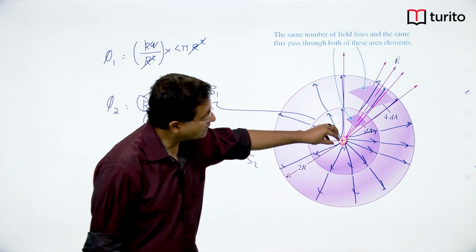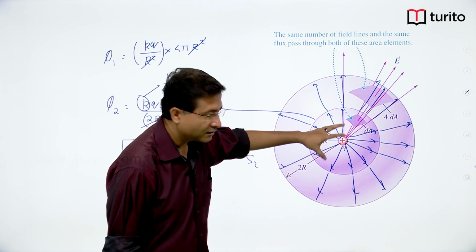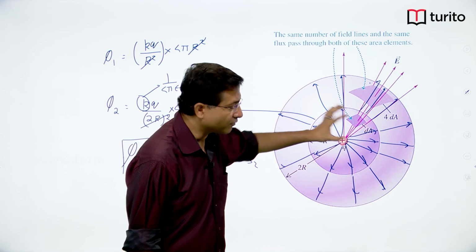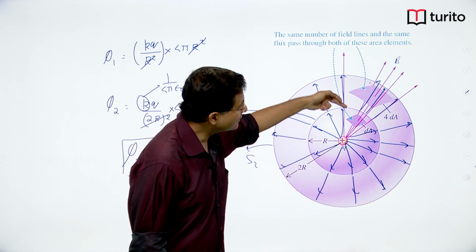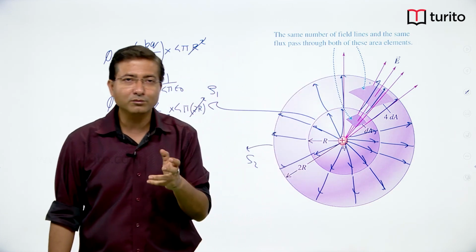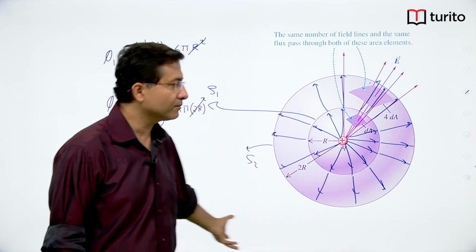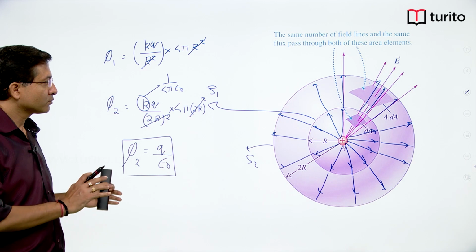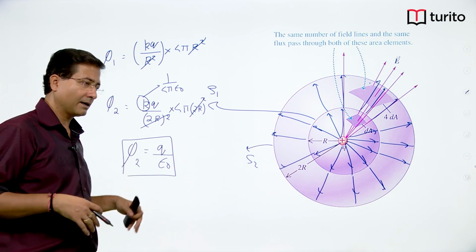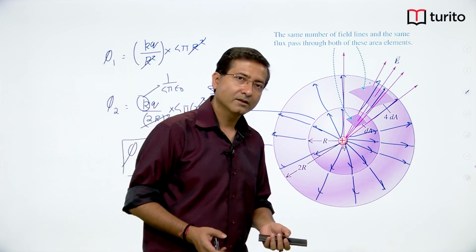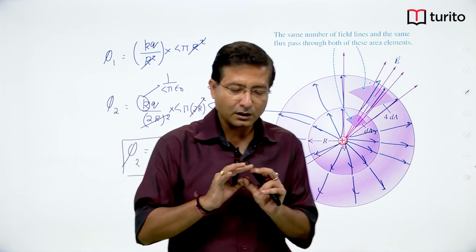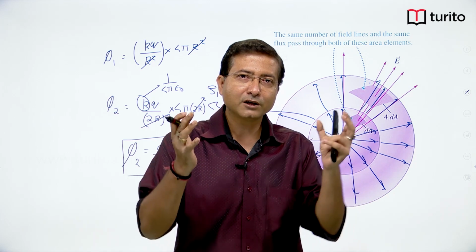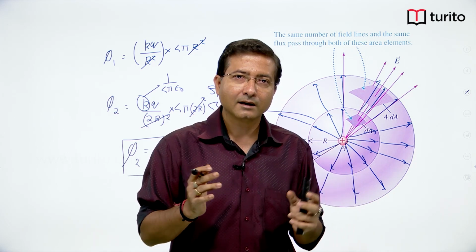All those lines originating from the charge crossing the inner one are also crossing the outer one. So, the flux associated through this surface and this surface is bound to be the same, which is q upon epsilon naught. Again the same statement: if the surface covers the charge completely, the flux associated will always be q divided by epsilon naught.